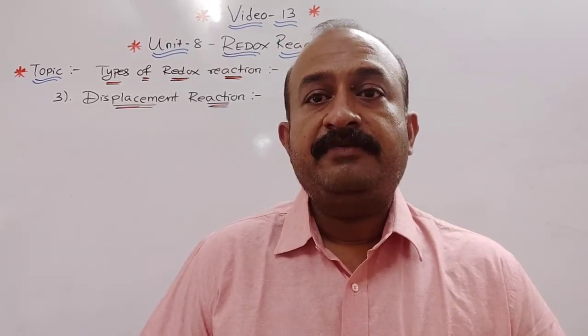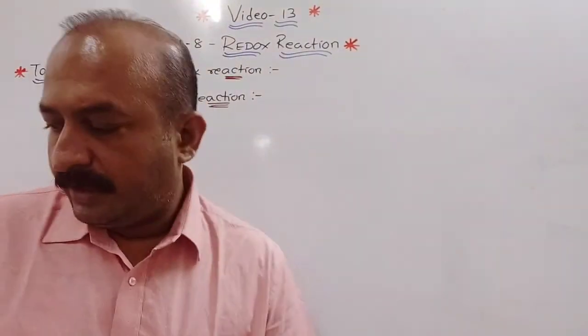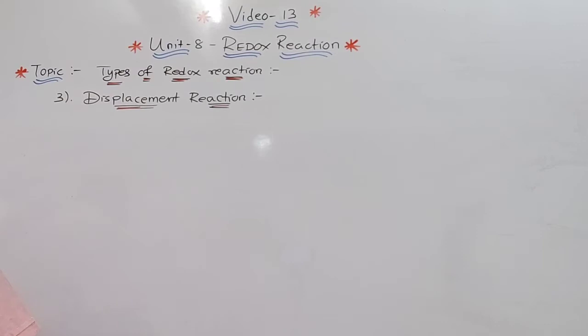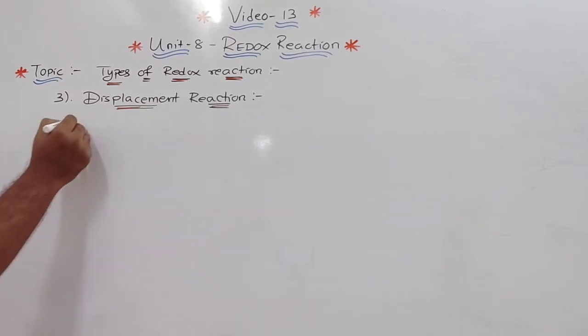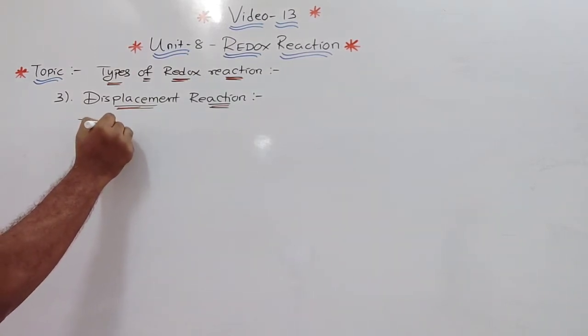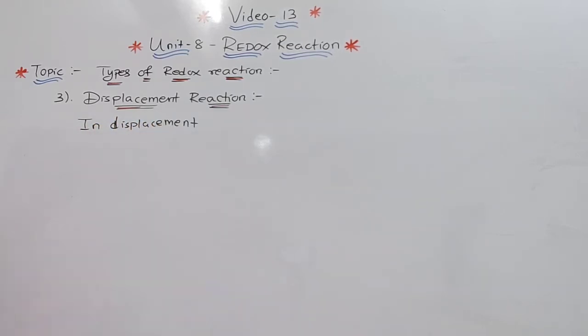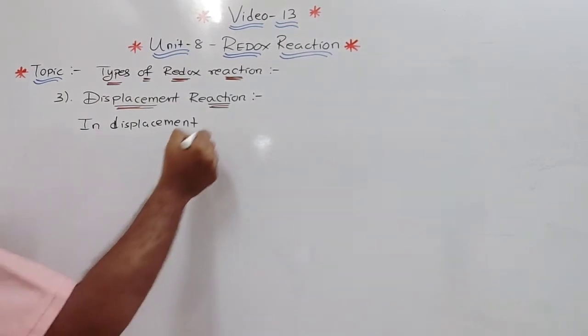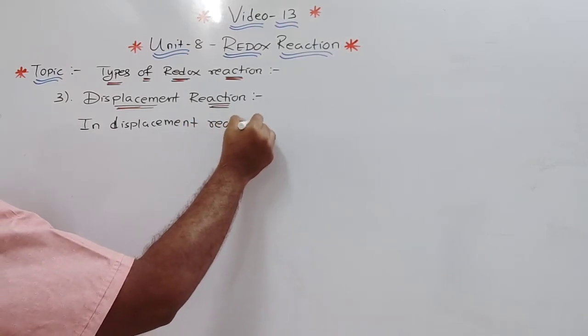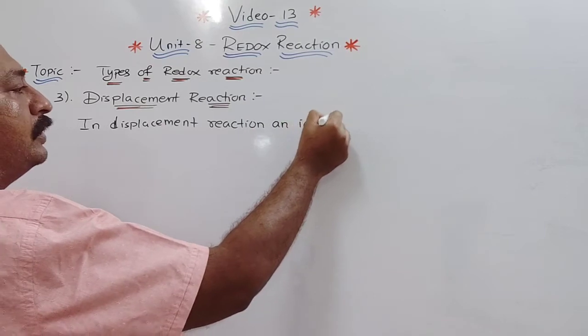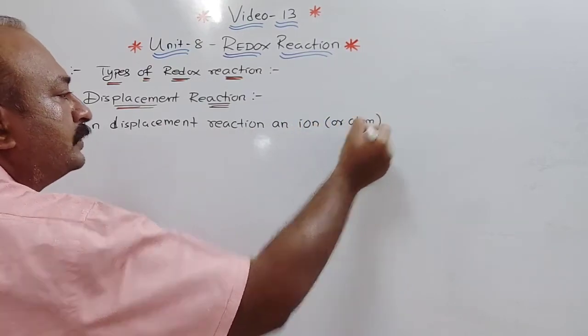So first we will see the definition of displacement reaction. The definition is: in a displacement reaction, an ion or an atom in a compound is replaced by an ion or an atom of another element. Understood?